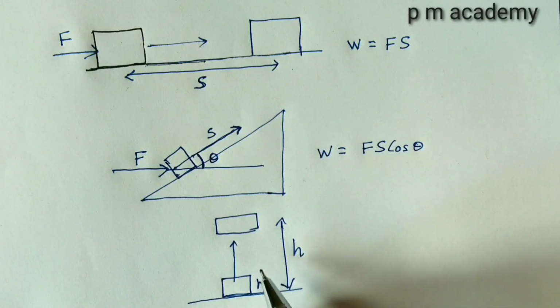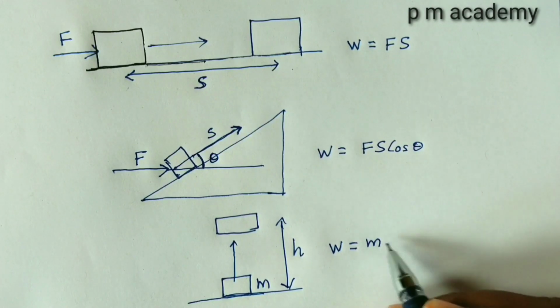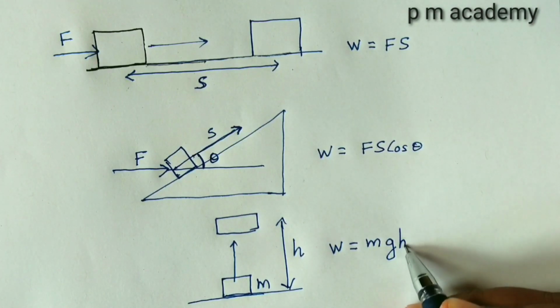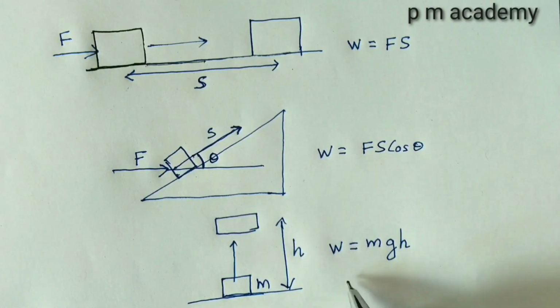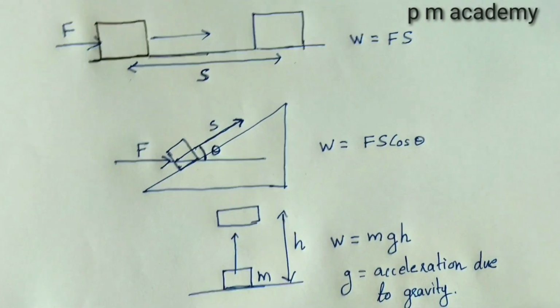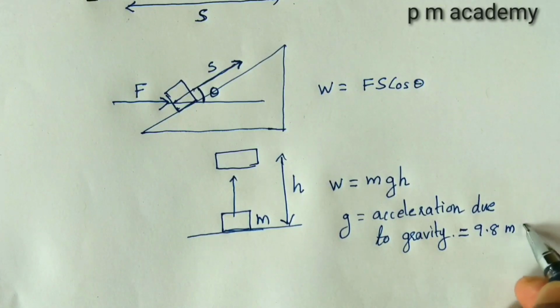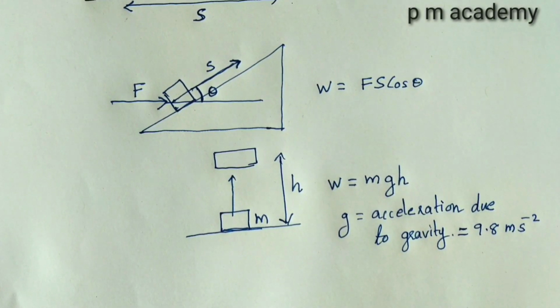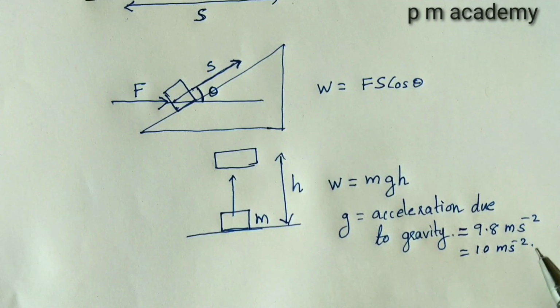Then the work done on the object is W is equal to m into g into h, where m is the mass of the object, h is the height the object is raised, and g is the acceleration due to gravity. Its value is 9.8 m s raised to minus 2, and for simplicity, for numericals, it is taken as 10 m s raised to minus 2.